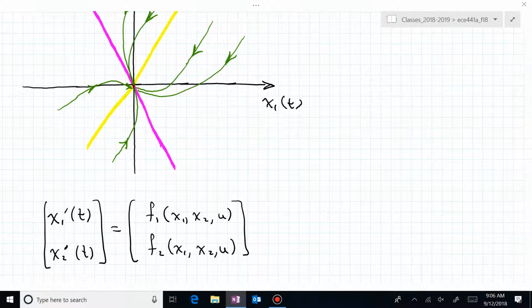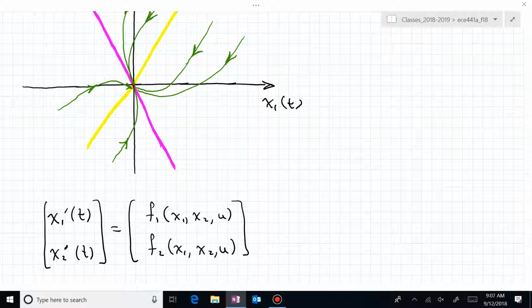And this now is our second order example that we want to work through. If it's a second order example, then we have an x1 prime and an x2 prime, and we have two right-hand sides, or two components on the right-hand side. An f1 nonlinear expression, possibly, and an f2 possibly nonlinear expression. It doesn't require both f1 and f2 to be nonlinear for the whole thing to be nonlinear.